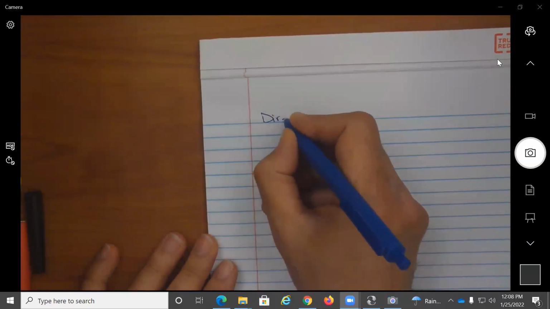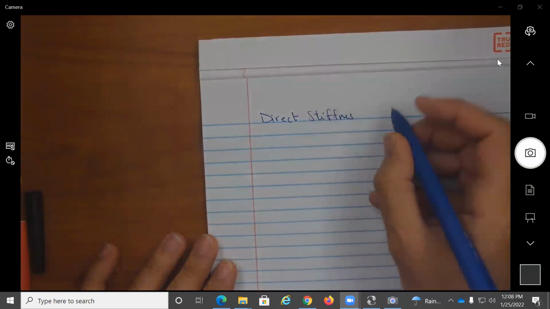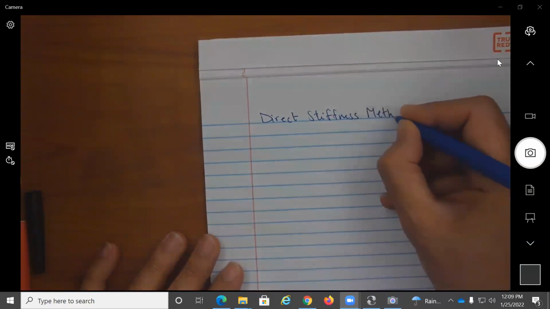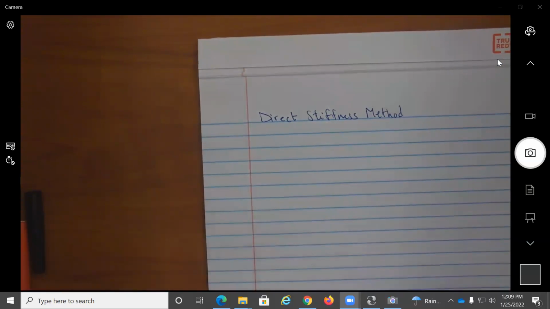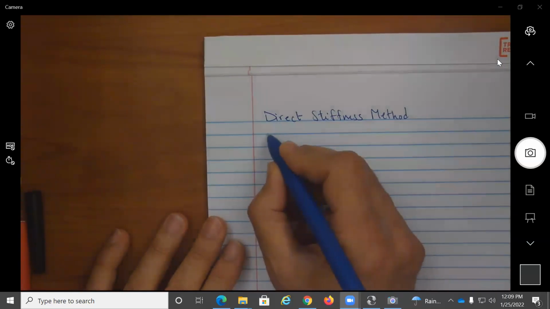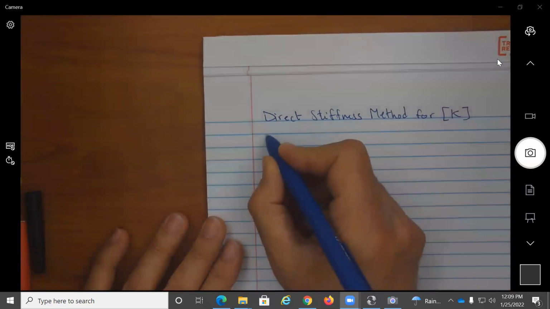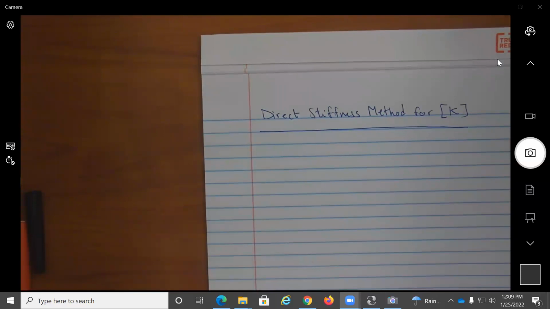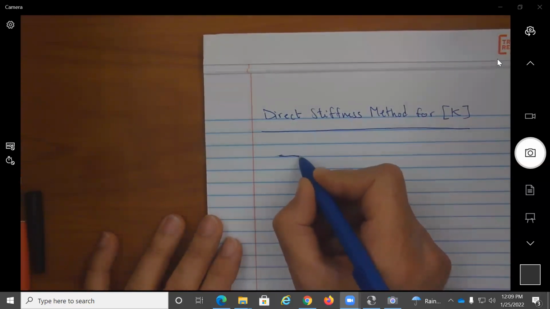Next, let's use the direct stiffness method for uppercase K. So I'm going to use the same assemblage here of these two springs.